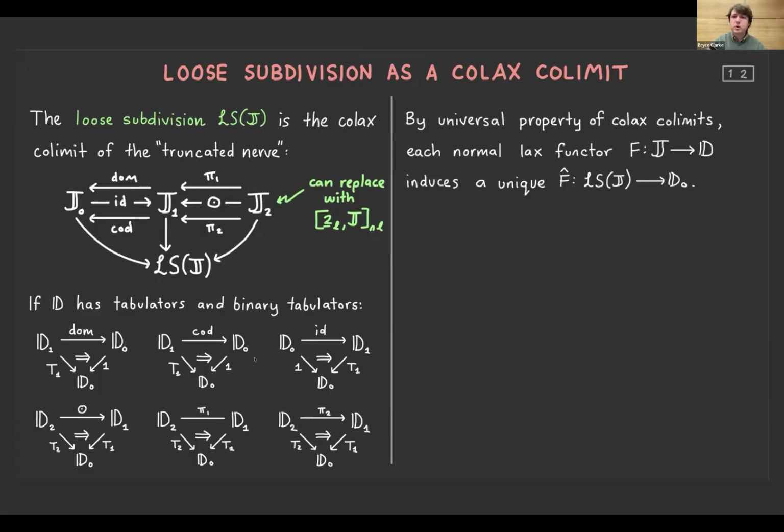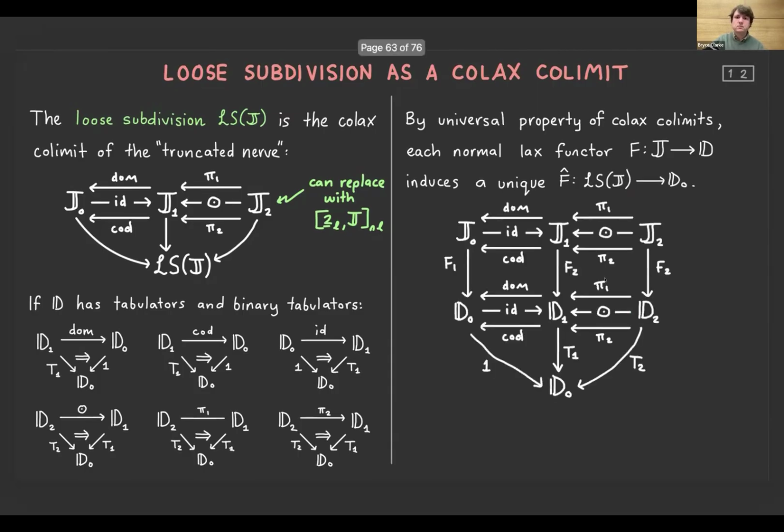And so then we say, by the universal property of colax colimits, each normal lax functor from J to D induces a unique functor from L of S of J, the loose subdivision of J, into the underlying category D naught. We have the data of our normal lax functor like this. We paste it with this data here for our double category with tabulators and binary tabulators.